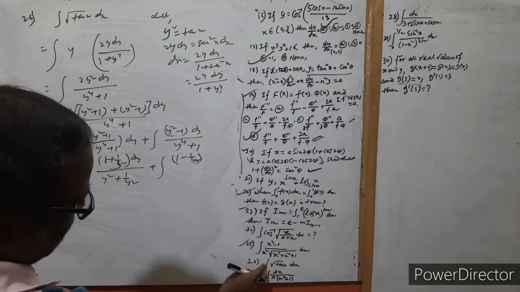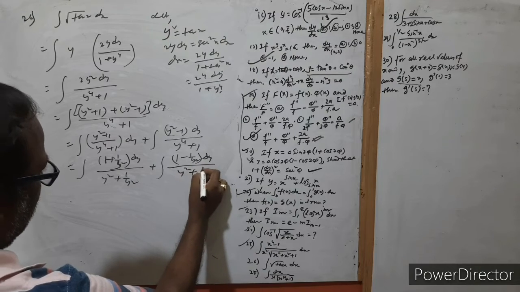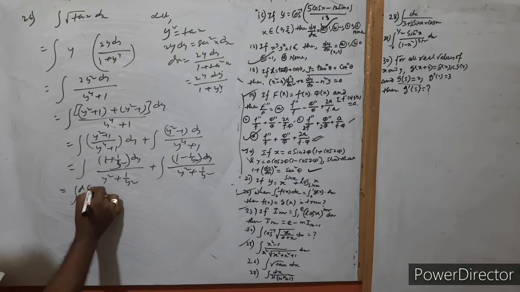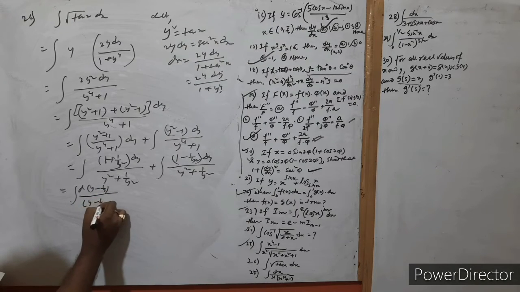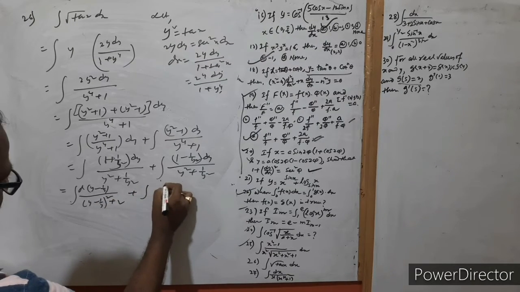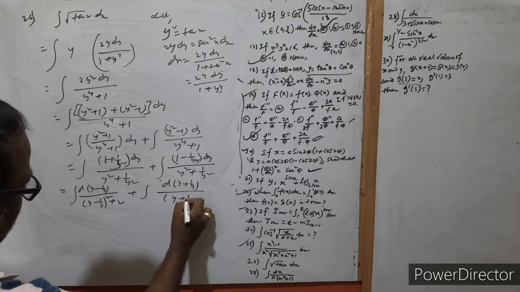These two have the same pattern, y squared plus 1 by y squared. The numerator is the differentiation of y minus 1/y, so we can express the denominator in the form of minus and plus 2, and it is the same for y plus 1/y, which can be expressed as a plus pattern.